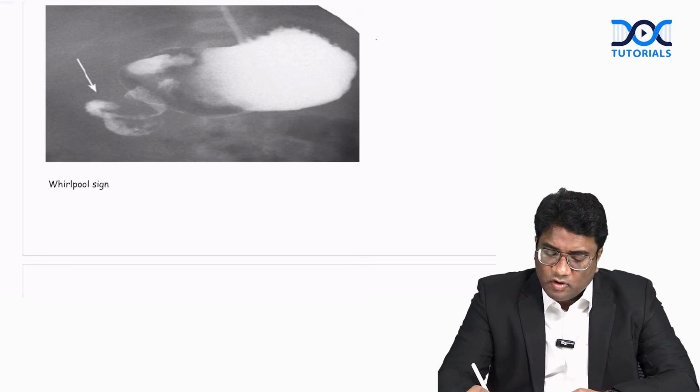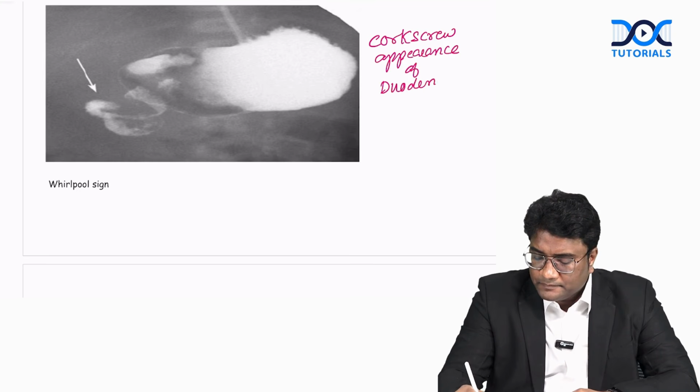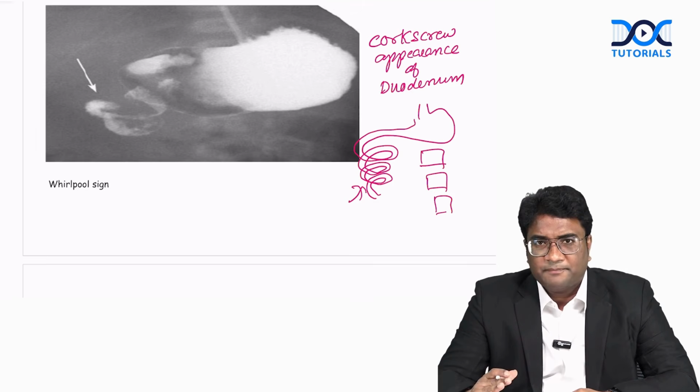And where do you see such corkscrew appearance of duodenum, where all the small bowel loops come to the right of the vertebral body? If this is the vertebra, all the small bowel loops come to the right of the vertebra. This is the corkscrew appearance of duodenum.